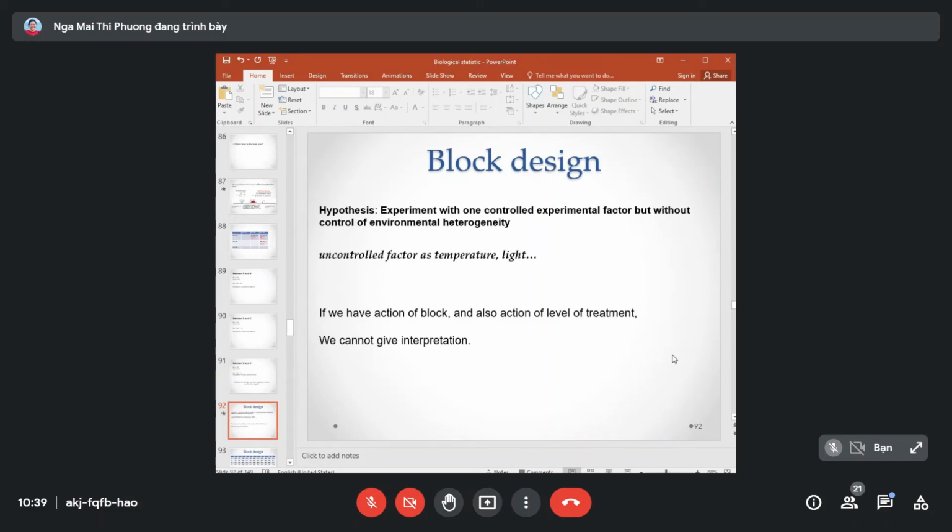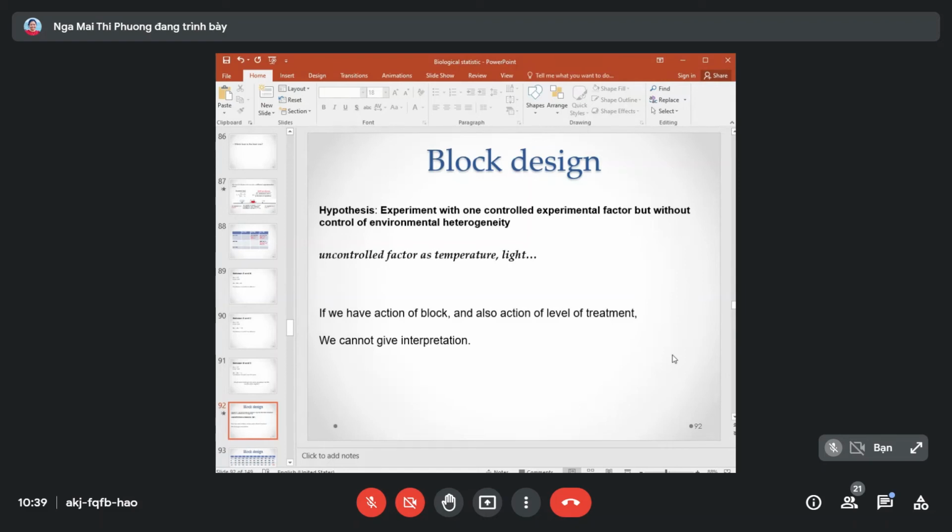We focus on the controlled factor and imagine that there's no effect of uncontrolled factors. But in fact, we may have them, right?